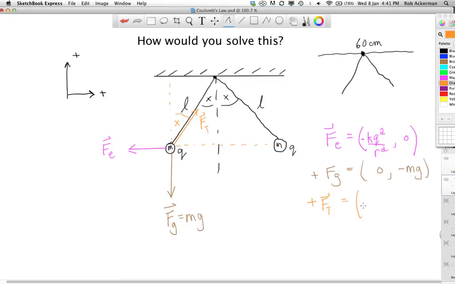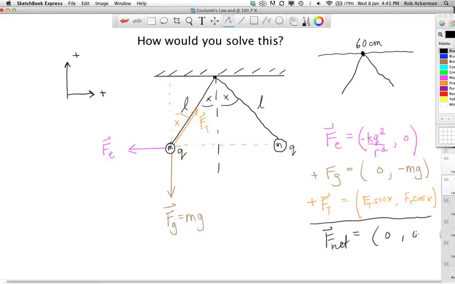So what would I have? In the x direction here, I would have a positive Ft sine of x. And in the y direction, I'll have a positive Ft cos of x. And supposedly, all of these add to an F net of 0.